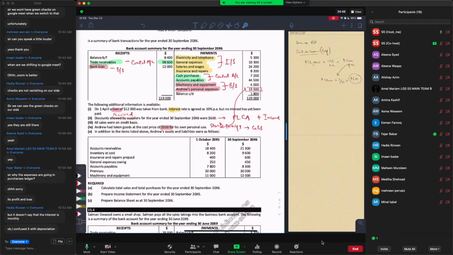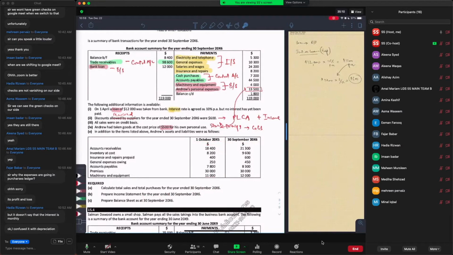And finally, we are given some balances here. 1st of October 20x5 is the start of our current financial year, and 30th of September 20x6 is the end of the current financial year, and that is the date where you are supposed to make all your financial statements here, right? So these are all the balances.